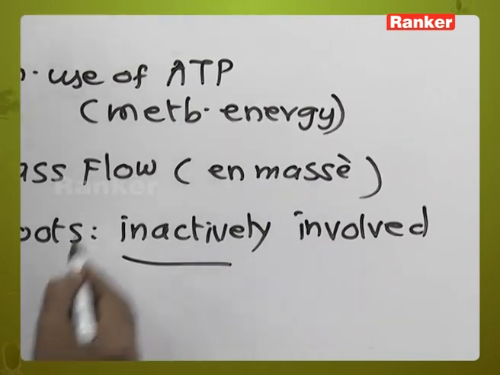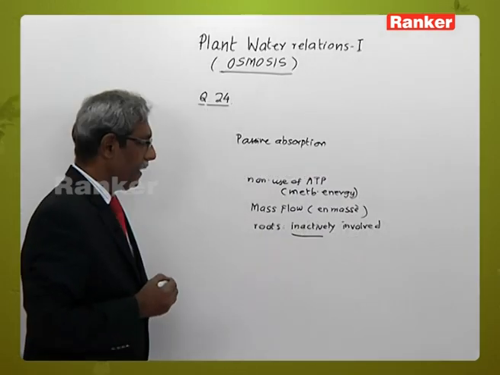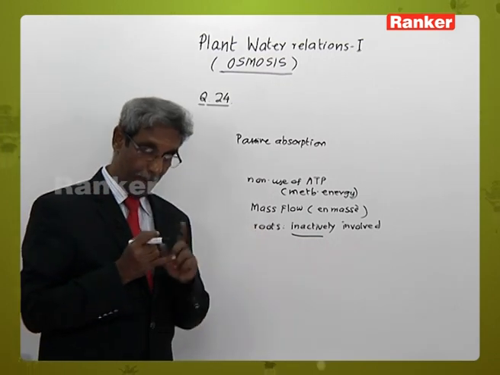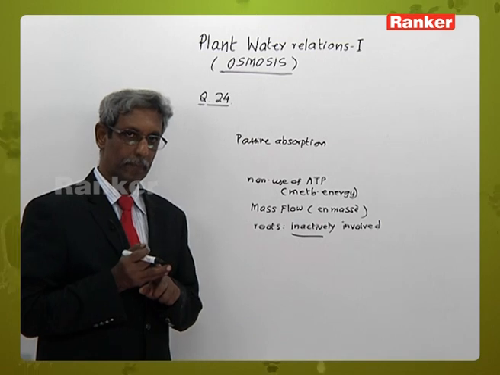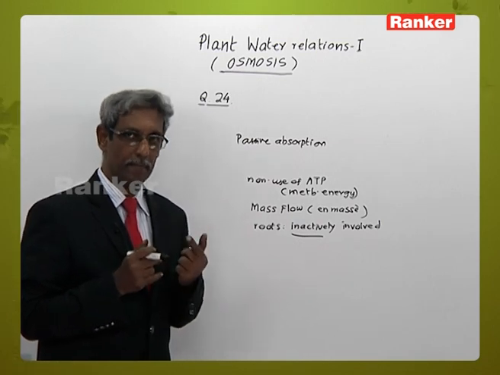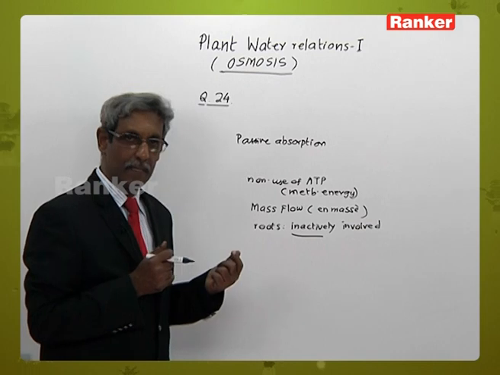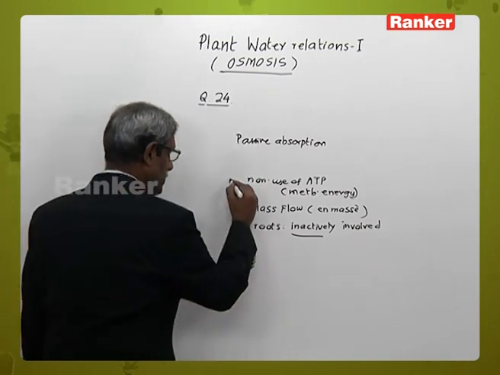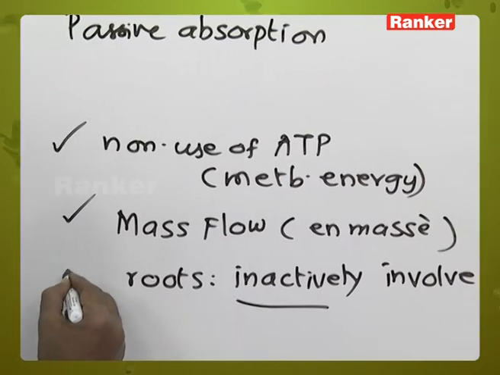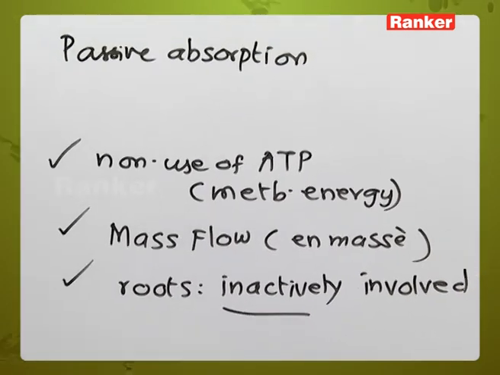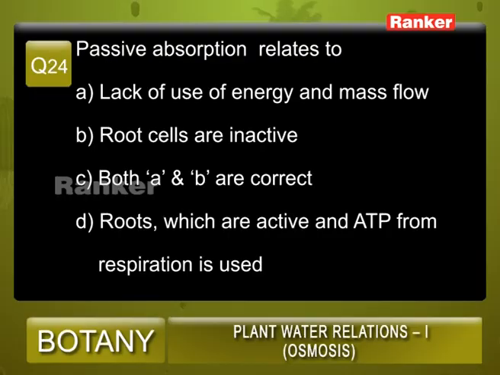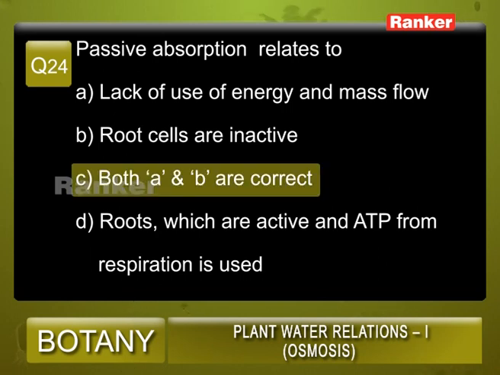If roots are active, they primarily involve ATP, which includes the symplast movement, whereas in the apoplast movement we primarily have passive absorption. So, any non-use of ATP by mass flow wherein the roots are inactive is attributed to the passive absorption of water, and the correct choice is C, which says that both statement A and statement B are correct.